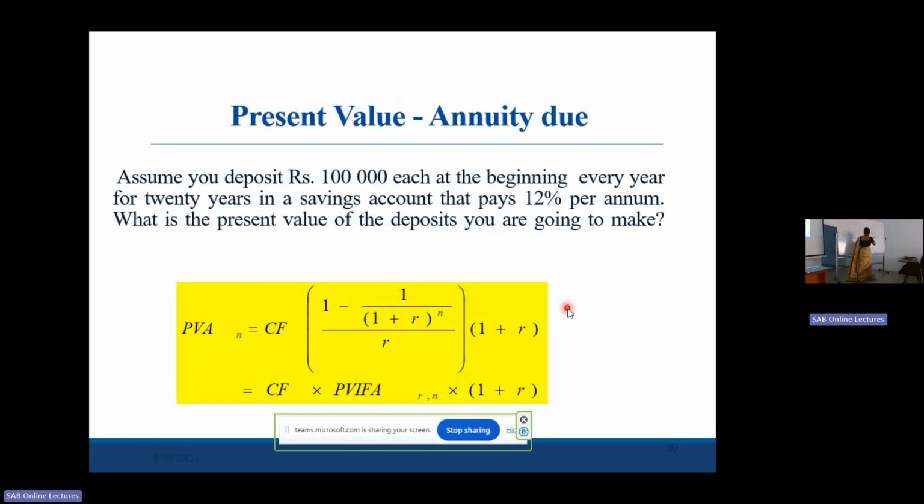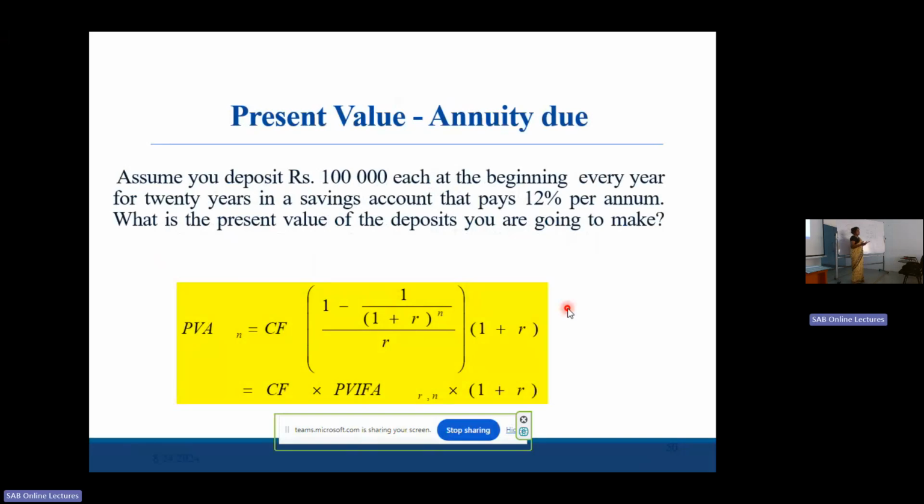In case of the due, when you calculate the present value, it is discounting one time less than the ordinary, because it occurred at the beginning of the period. So it is received earlier. Therefore, in case of the annuity due, the cash flow should be discounted one time less. You can observe that here.